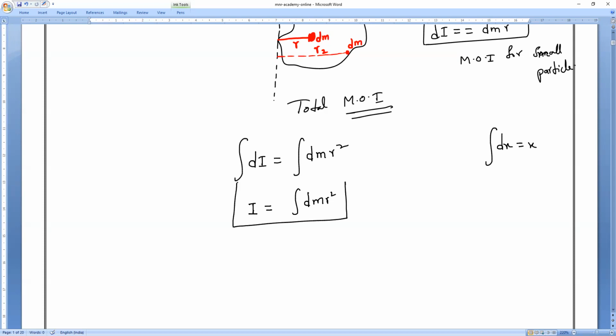This is the formula for finding the total moment of inertia of continuous bodies. Total moment of inertia is equal to integration of dm into r square. Understanding all of you? Clear, everybody?